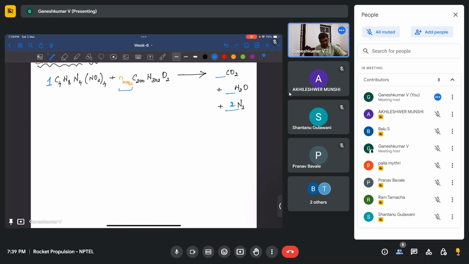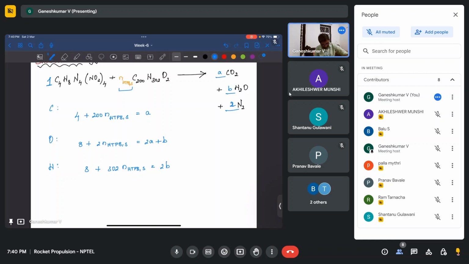If you do the carbon atom balance, you will have 4 plus 200 N of HTPB stoichiometric equal to some A and B, let's say A. If you do the oxygen atom balance, that would be 8 plus 2 times N moles of HTPB equal to 2A plus B. And the hydrogen atom balance: 8 plus 302 of N HTPB is equal to 2B, right?